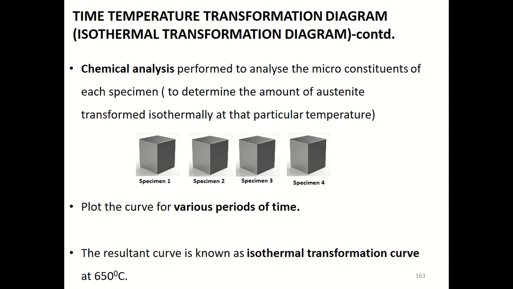Because soon after I heated it to the austenitic temperature range, I told you to rapidly transfer each specimen to a liquid salt bath of a particular temperature, say 650 degrees Celsius. And if it is 700 degrees Celsius, I will call the resultant curve the isothermal transformation curve at 700. Similarly for the other temperatures.